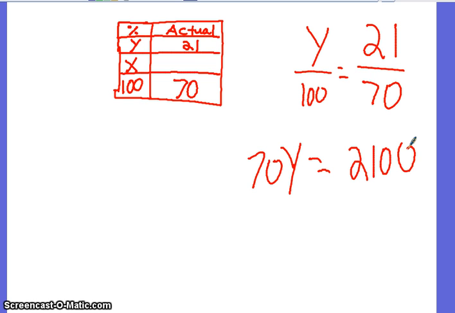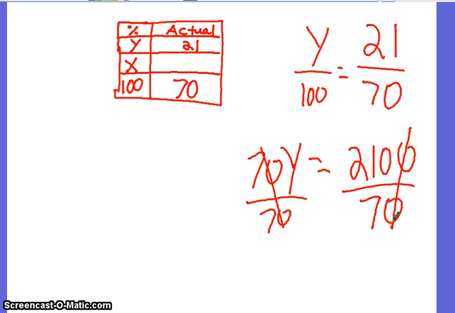And then my second step in the equation is to divide by 70 on both sides. Didn't we do this in the last lesson? This is very similar to something we've already done. 2100 divided by 70, well, if I divide by 10, now it's 210 divided by 7. So 30. So y equals 30.